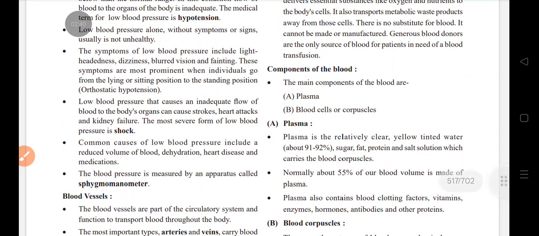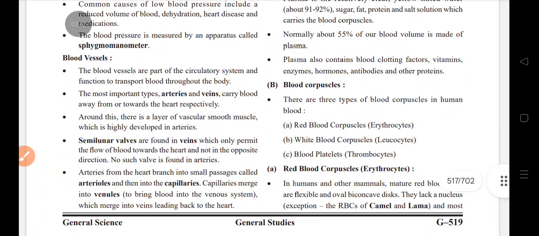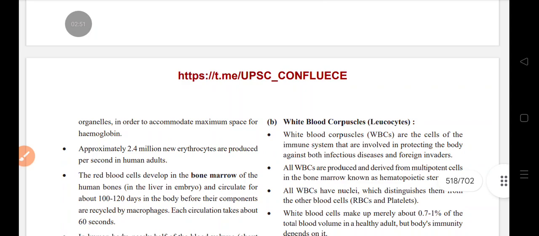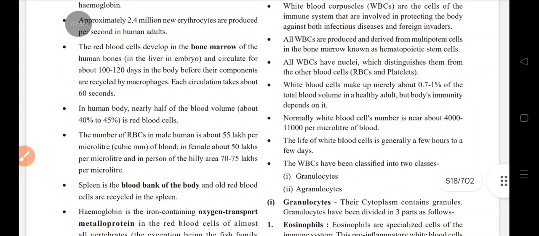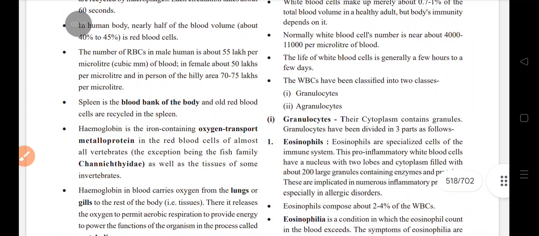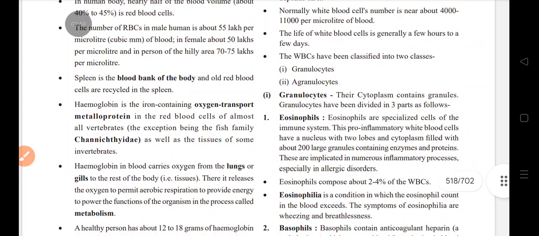Plasma, blood cells: red blood cell erythrocyte, white blood cell leukocyte, blood platelets thrombocyte. Bone marrow, blood bank of the body, spleen. Hemoglobin in blood carries oxygen from lungs or gills to the rest of the body.